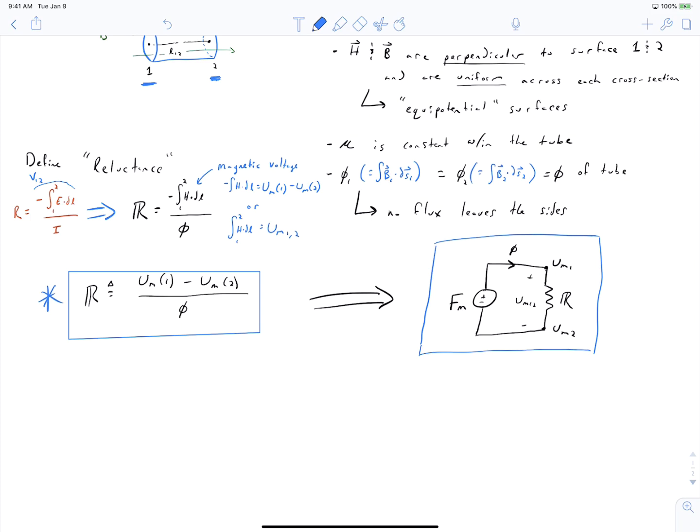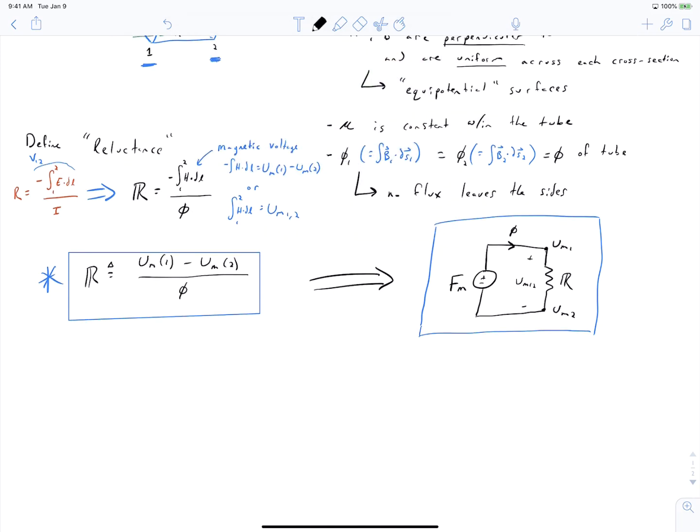And since B is assumed to be constant across the cross-section of our flux tube, we can turn our flux into a flux density at any location by dividing the flux tube flux by the cross-sectional area. What we do is that we formulate the circuit, and then we solve the circuit.